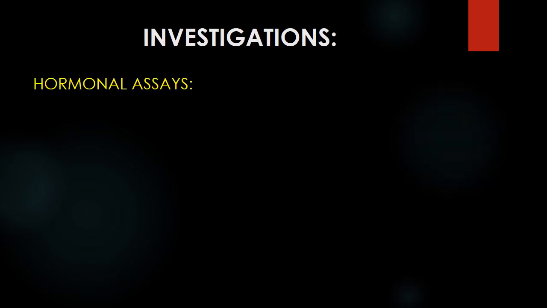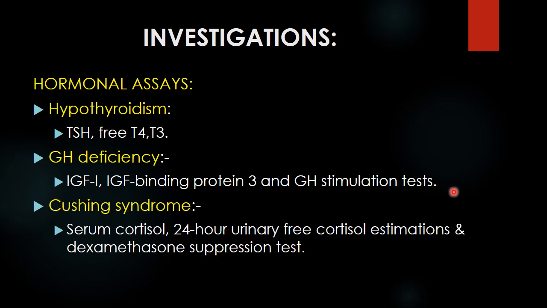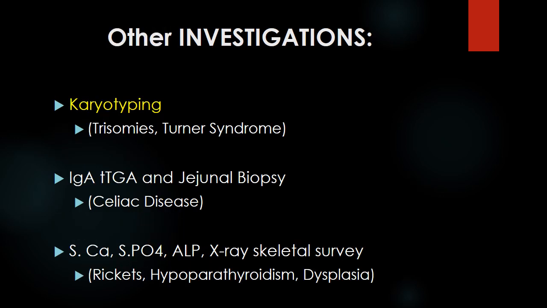The other investigations, depending upon your clinical suspicion, include the hormonal assays, T4, TSH. To look for growth hormone deficiency, you do insulin-like growth factor 1, or you might want to do a growth hormone stimulation test. You want to do serum cortisol for Cushing syndrome, or you might want to do a dexamethasone suppression test.